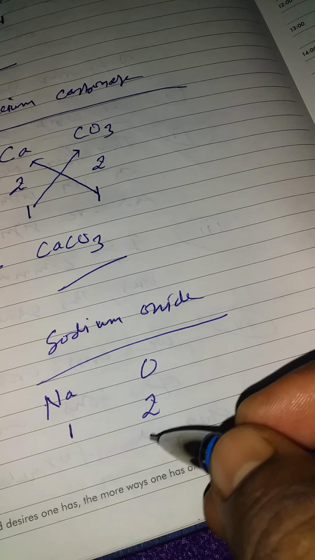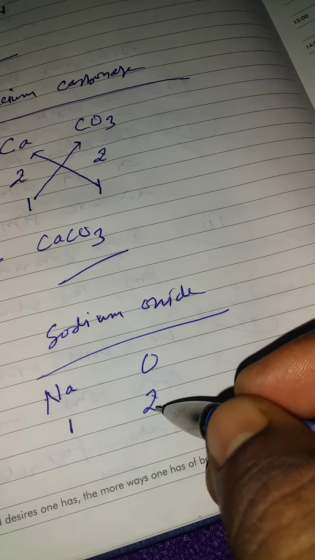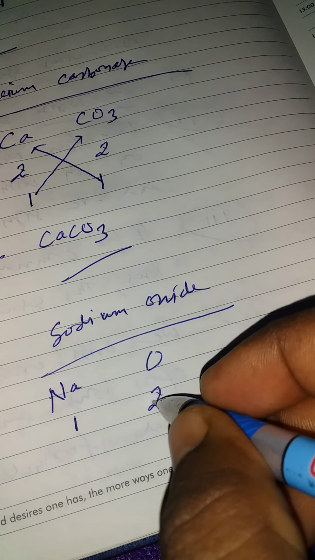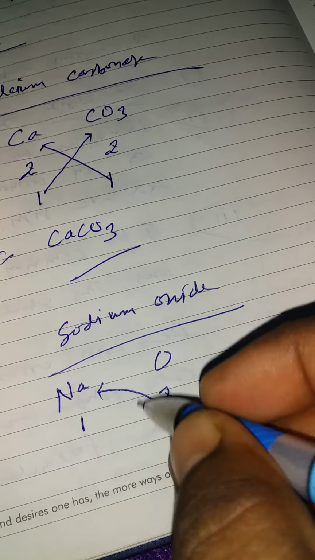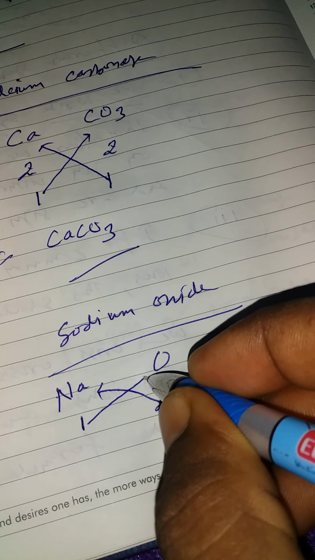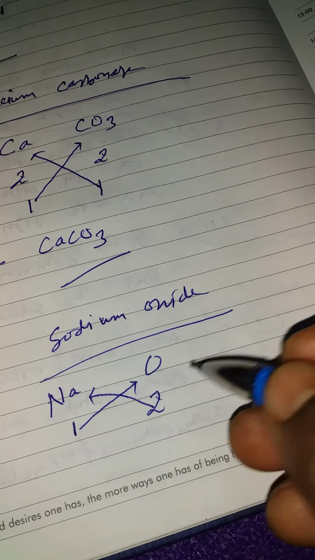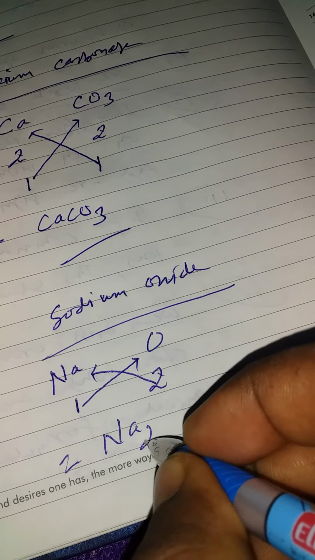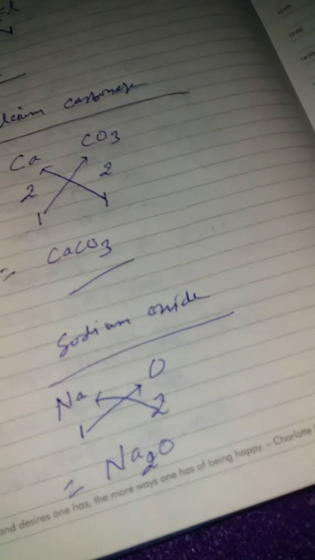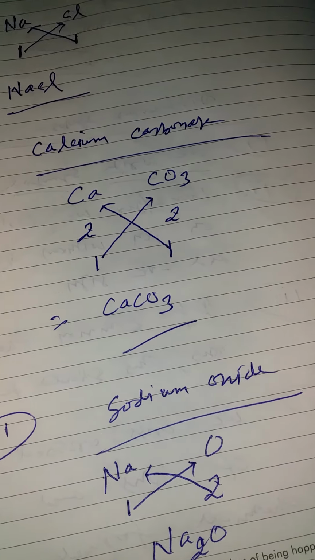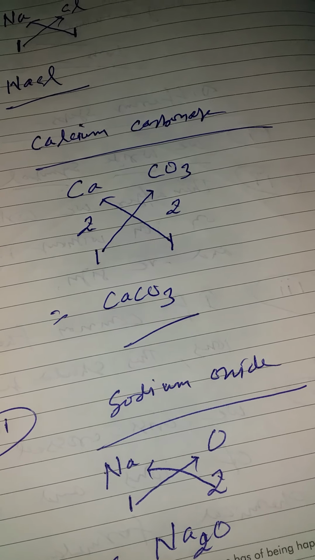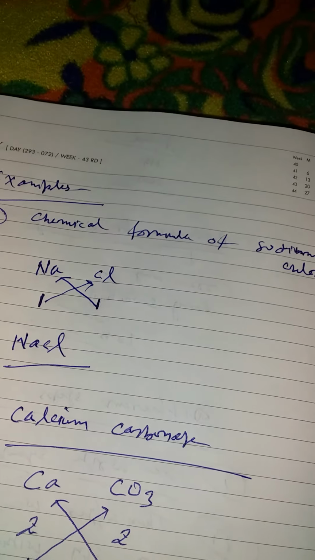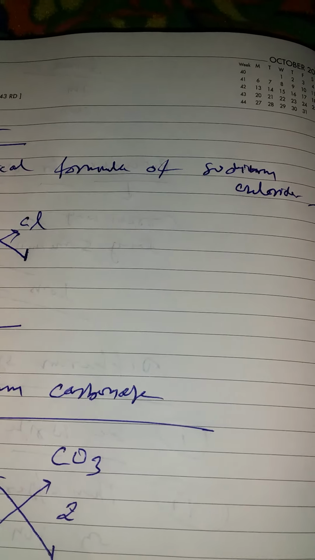Common factor is not present, so next step we crisscross their charges. So the charge of oxygen goes to sodium, and charge of sodium goes to oxygen. That's why we get Na2O. So by these methods we can write the chemical formula of ionic compounds.